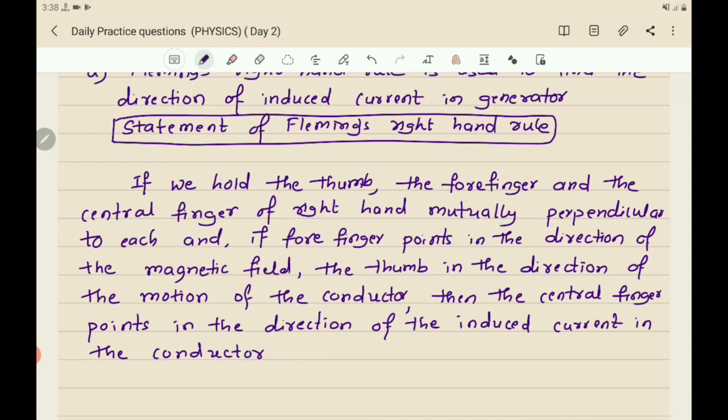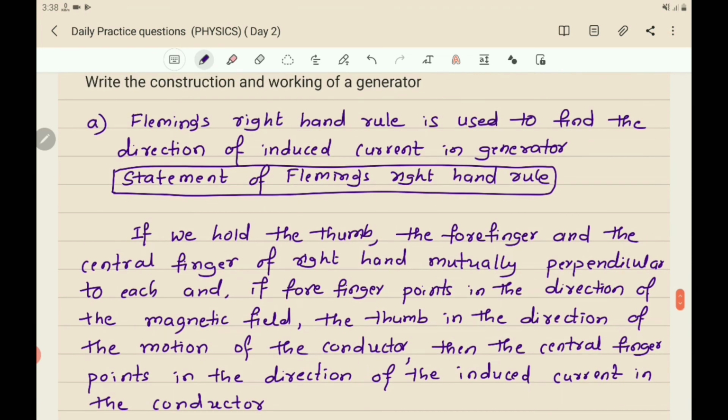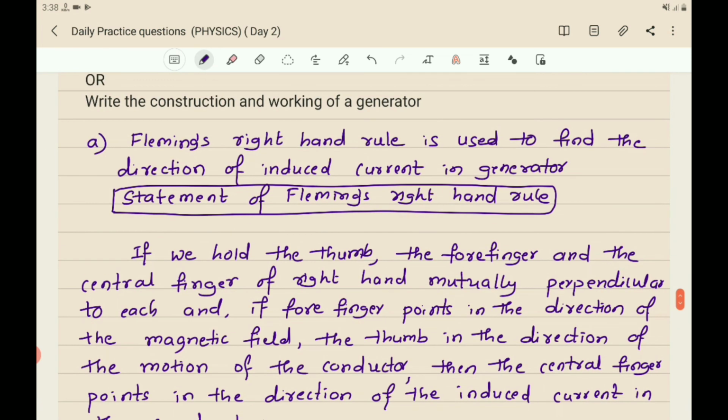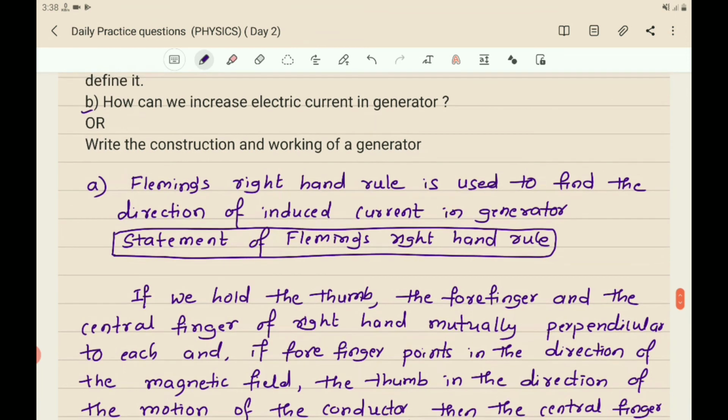That is the definition, or also you can say the statement, of Fleming's right hand rule.